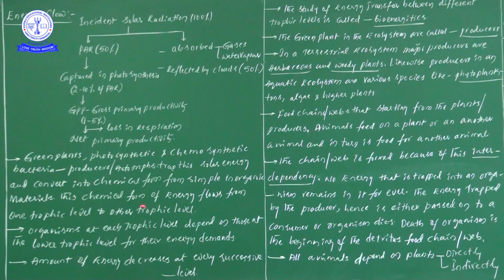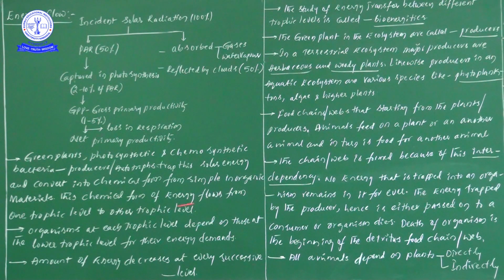Now, this chemical form of energy flows from one trophic level to another. This point is important. Once the chemical form is formed by the involvement of producers, this energy will not be present in those plants only.